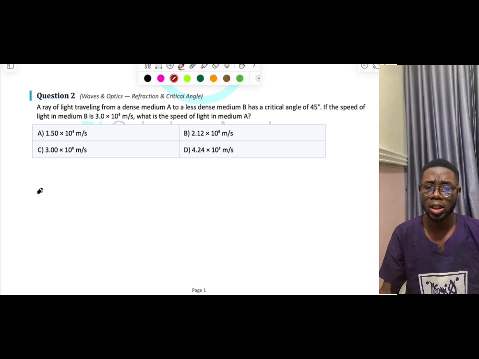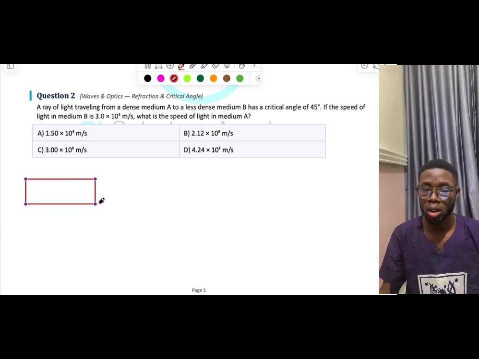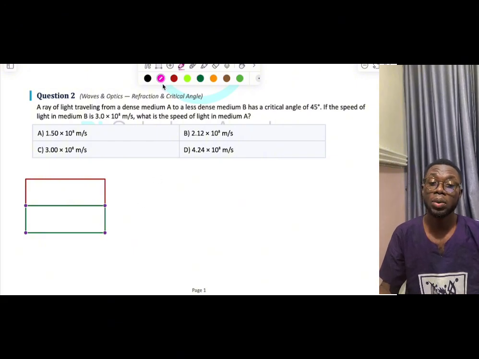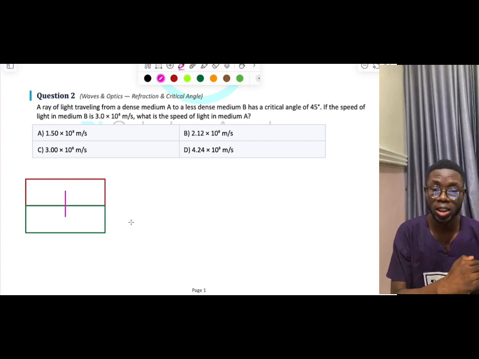So let me quickly sketch those two media. Let's say this is medium A, and let this represent medium B. I'm going to put them together right here. So there's what we call refraction in physics. Refraction is simply the bending of light whenever light travels through different media of varying density.